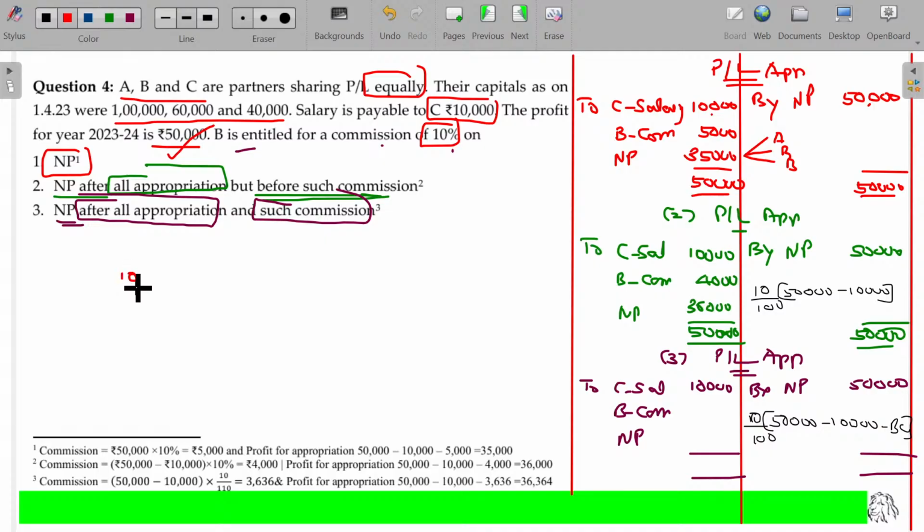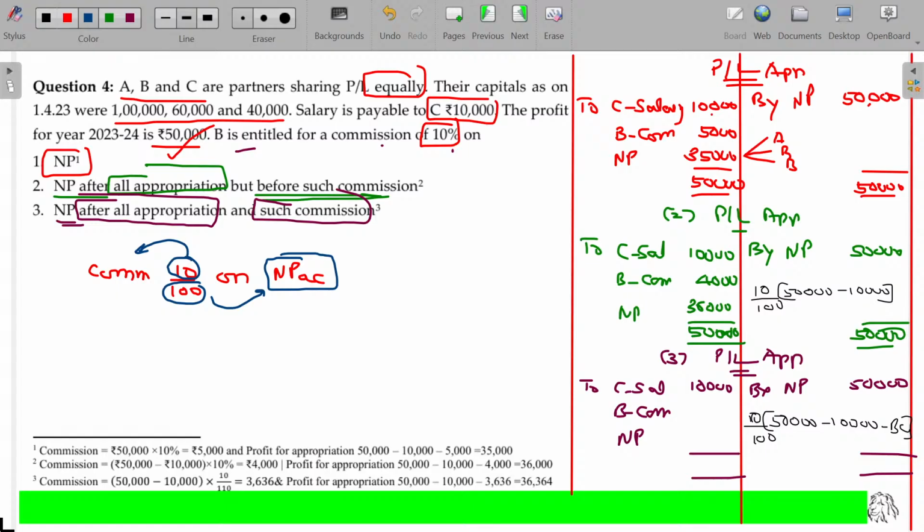Now, you can keep this working in short. 10% commission on net profit after all appropriation and commission, NPAC. If it is so, this numerator value represents the commission, denominator value represents the number after on.